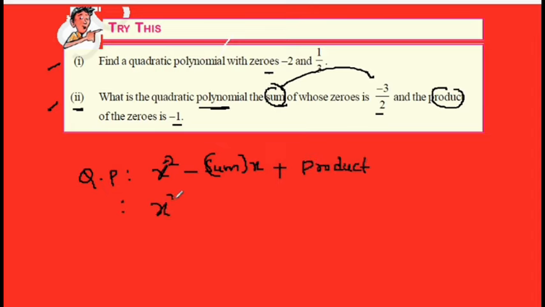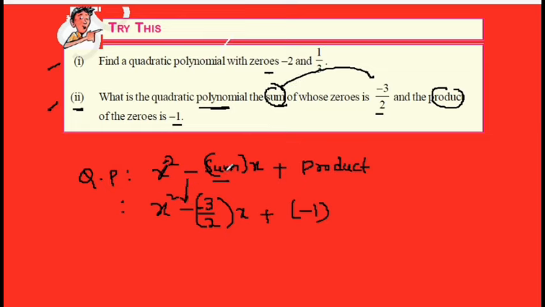So x square minus sum. Sum is minus 3 by 2. I am replacing as it is, minus 3 by 2 into x. Product is minus 1. I am replacing as it is. In the previous problem, we added, sum means addition of two zeros we have added, but here in this case we are not adding because directly they have given the sum value which is minus 3 by 2.